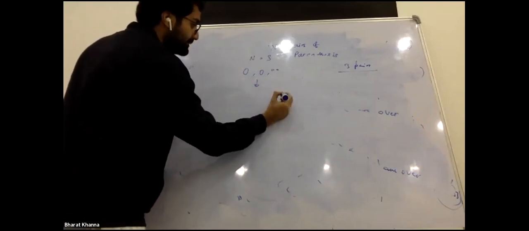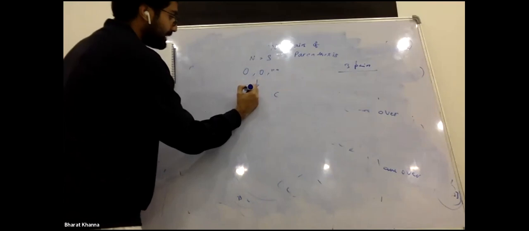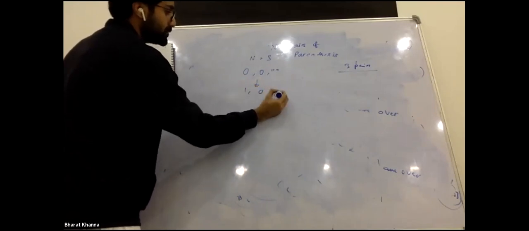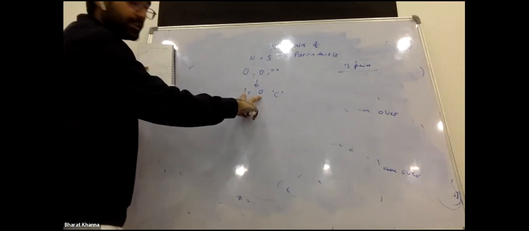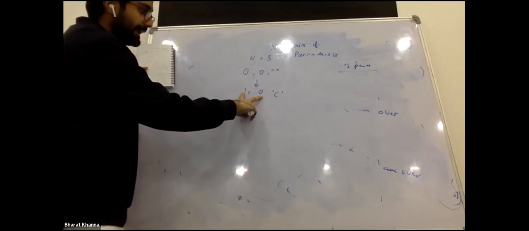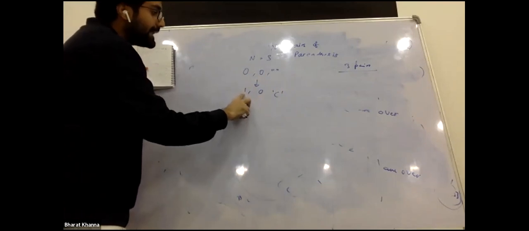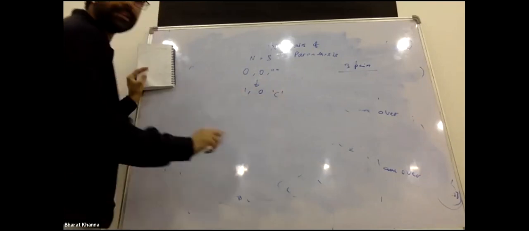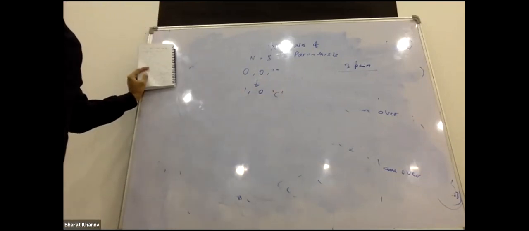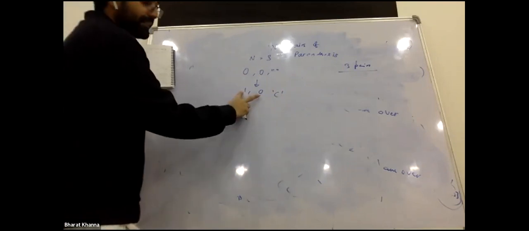So basically now I have this. How many left do I have? 1, and the number of right is still 0. Okay. Now here, the number of left is greater than the number of right, and I have not yet exhausted all my opening brackets. So how many choices do I have here?